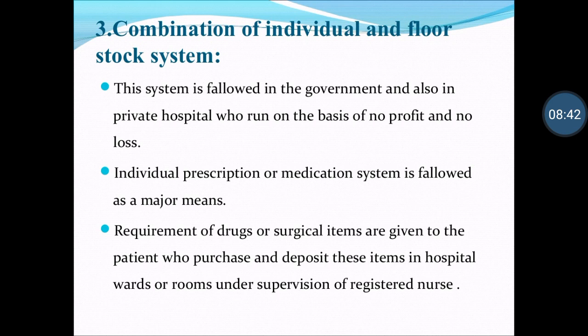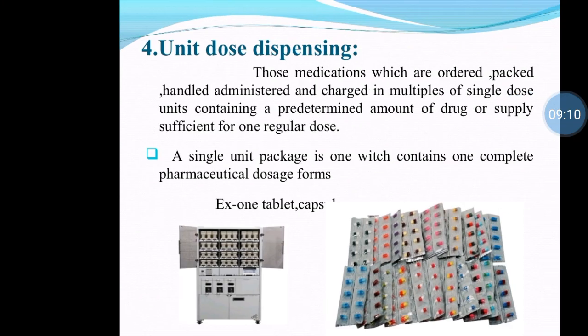Then the required drugs or surgical items are purchased by the patient and deposited in hospital wards or rooms under the supervision of a registered nurse. Means these drugs or surgical items are purchased by the patient and handed over to the registered nurse, so that the nurse can give them from time to time depending on the dose. That is the combination of individual and floor stock system.